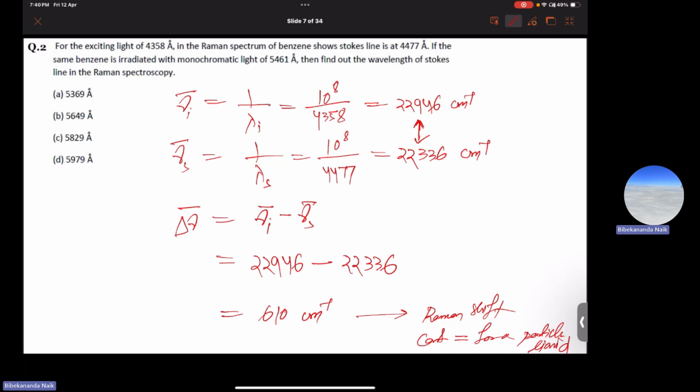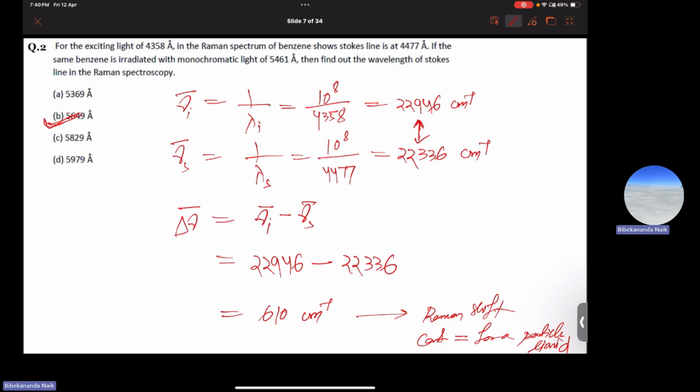The correct option will be 5,649, which is option B. In this question, the exciting light wavelength was given and the Raman spectrum of benzene showed the Stokes line. But if a different wavelength of exciting monochromatic light is irradiated, what will be the wavelength of the Stokes line?